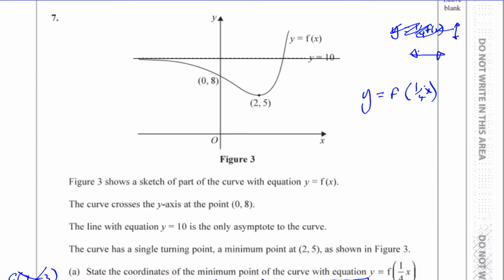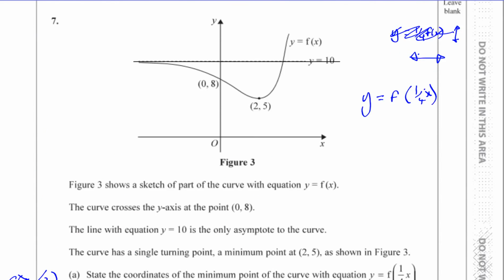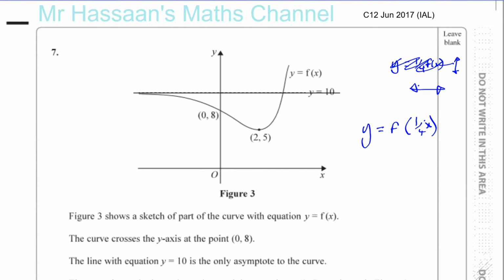Here the value of k changes. This is when k is 0, k is minus 1, k is 1, k is 5, k is 8, k is 10, and so on. So this is the line y equals k.